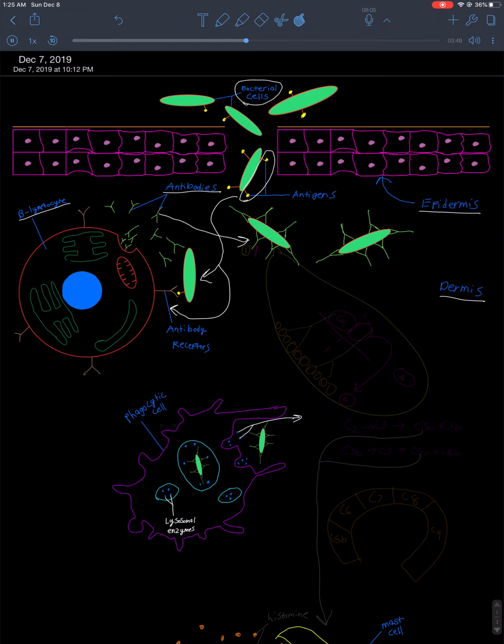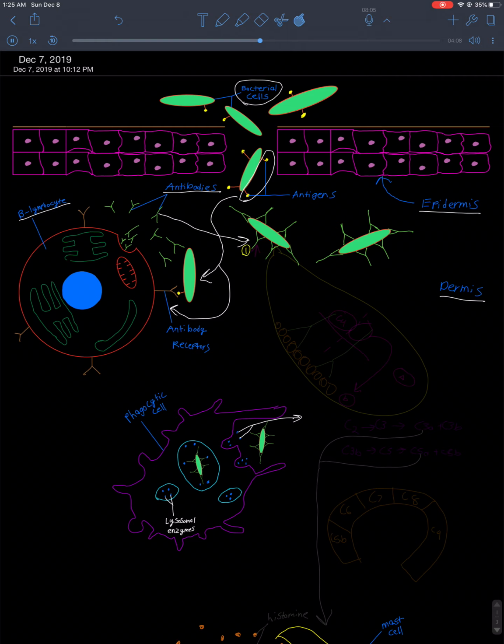The classic pathway of complement-dependent cytotoxicity is initiated by the binding of immunoglobulin G antibodies to their cell surface receptors. So let's say that step 1 for this complement protein pathway is going to be found here.